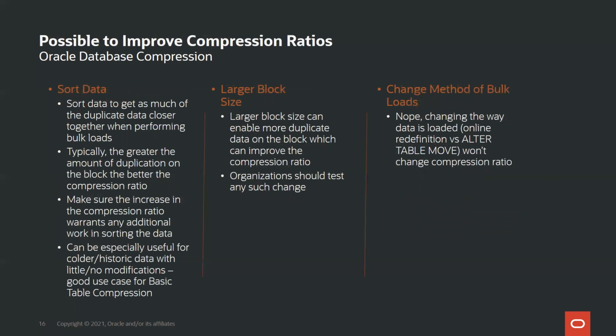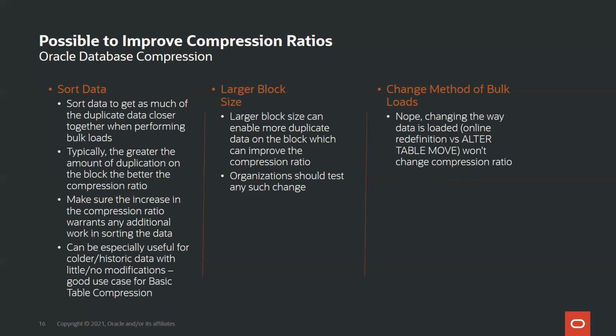One of the most common questions we get is: is it possible to improve compression ratios? There are some possible ways to improve your compression ratios. You can sort the data. One of the ways we get compression is by essentially deduping the blocks. So the greater the amount of duplicate values that exist in the block, the higher the compression ratio you're typically going to see.